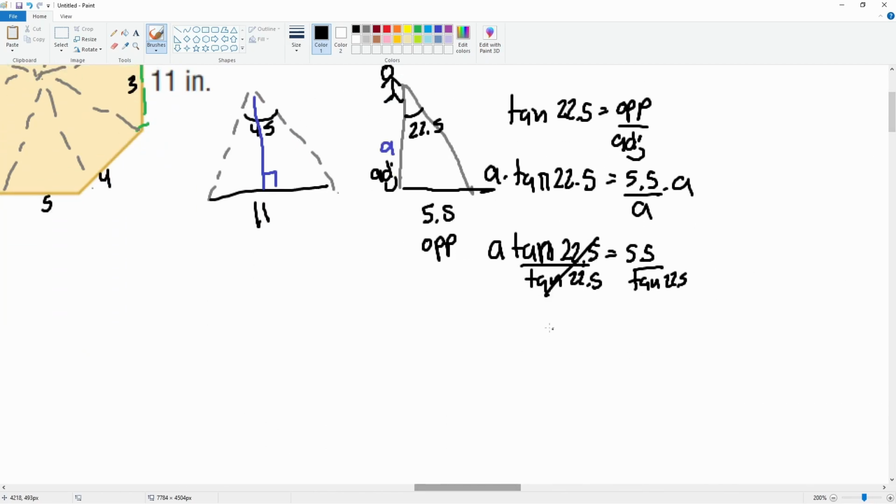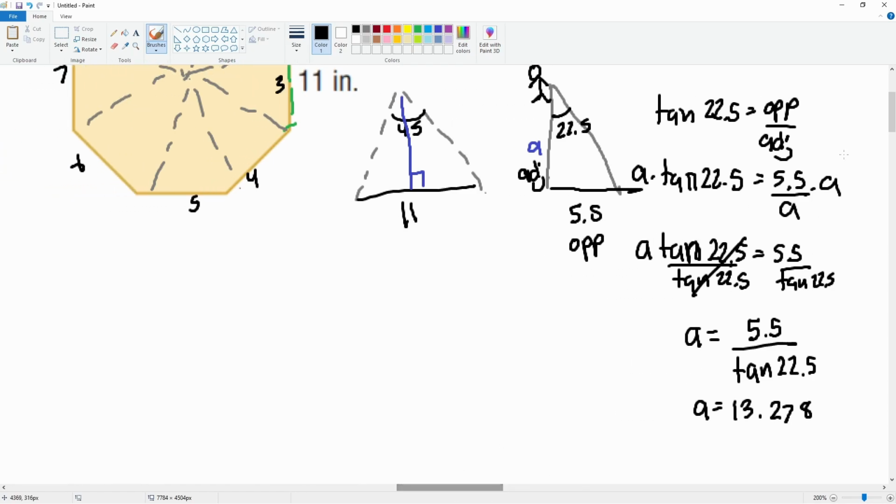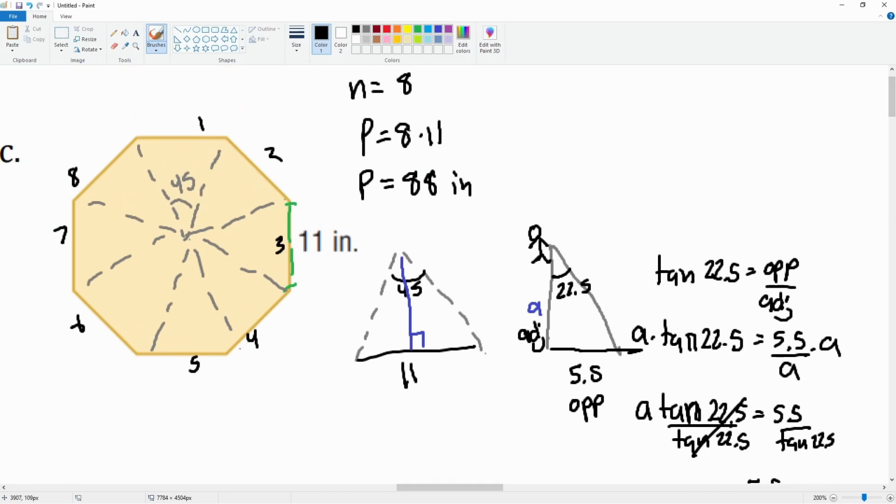This cancels, so A is equal to 5.5 divided by tan 22.5. All right, so 5.5 divided by tan 22.5. I get the apothem here as roughly 13.278. All right, so we can now plug it in.